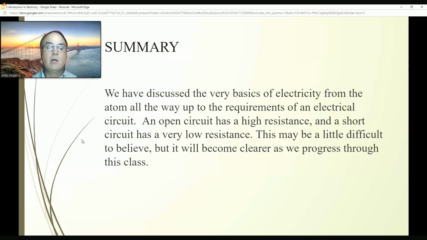What we're going to get into is how we can use this movement of electrons and put them in a bunch of different types of circuitry to do some different things.